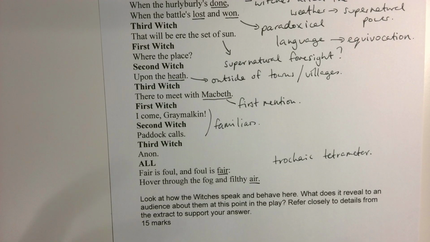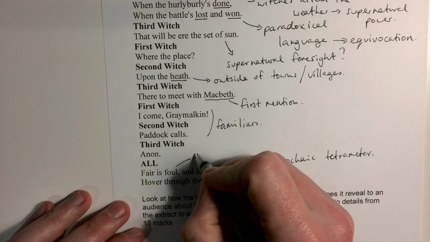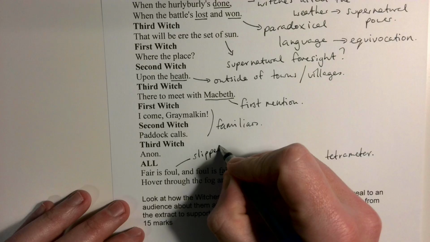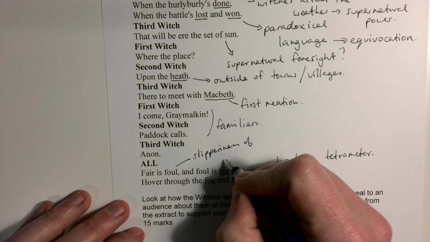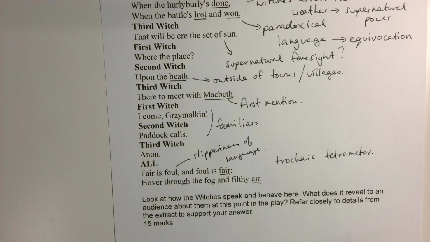But if we actually look at some of the language choices here, we've got yet more sense of the slipperiness of language. This sense of language being difficult to hold on to, certainly the language of the witches.